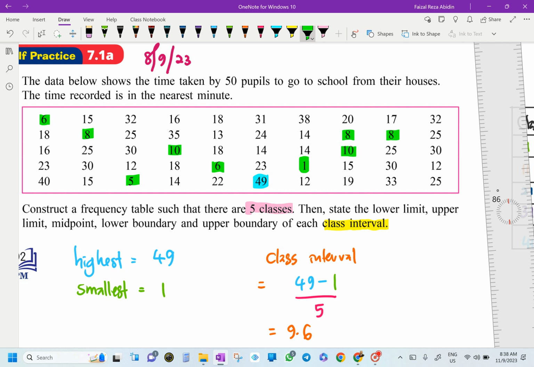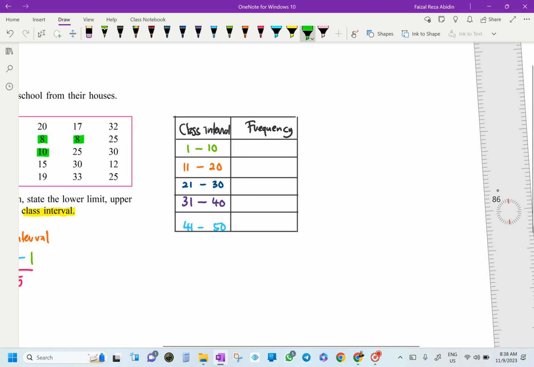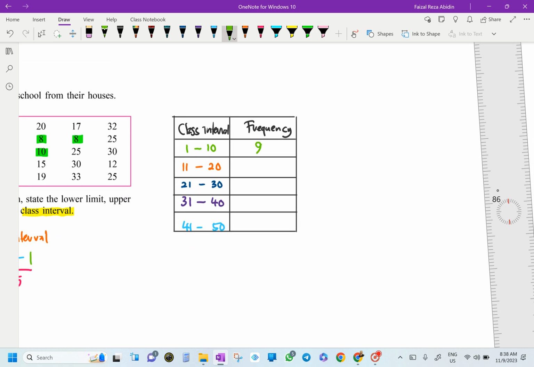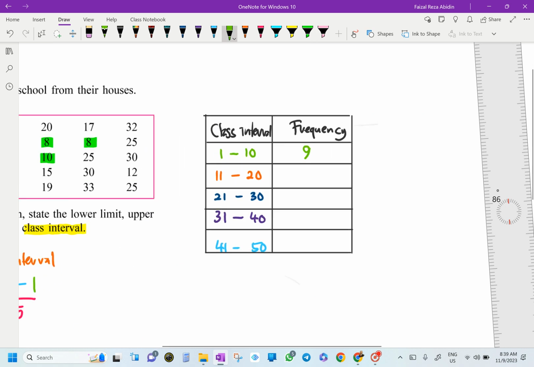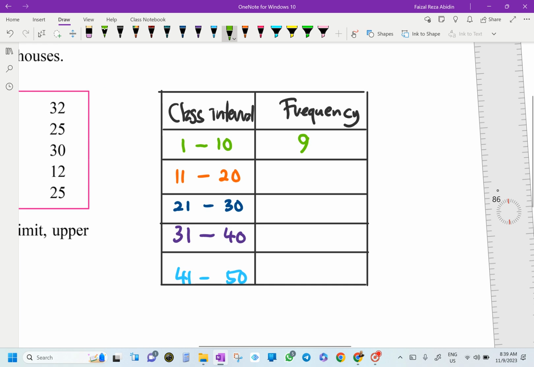So we are going to get 9. So you just put it over here. From our 1 to 10 there, you are going to get 9 of it. Understood?